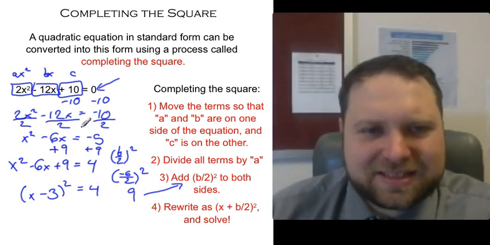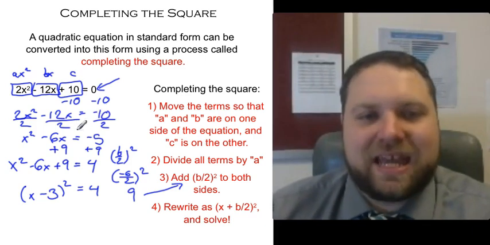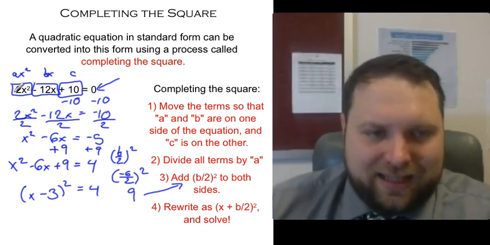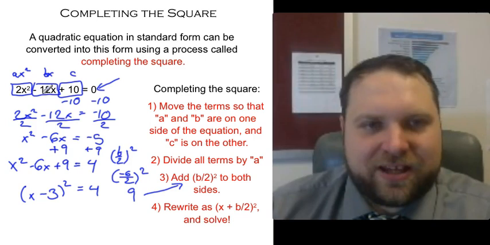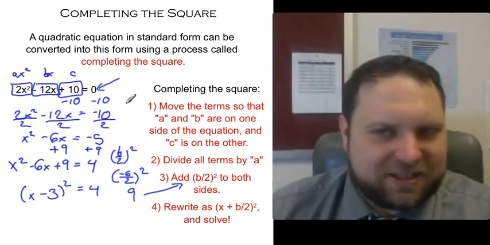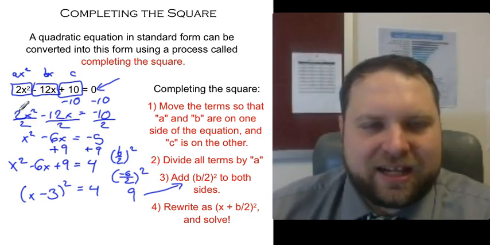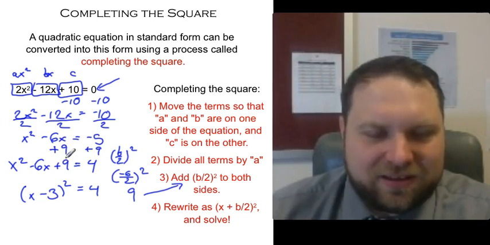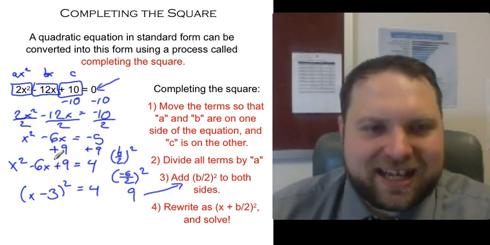And now let's stop and talk conceptually about what's happened here. I had originally this trinomial. I moved c over to the other side, so I got rid of c. C's not in the picture anymore. And I divided out by a so that a becomes 1. And then I picked the value of c that I wanted, 9 in this case, so that I could rewrite this whole side as something squared.